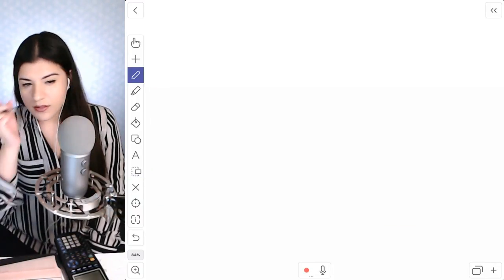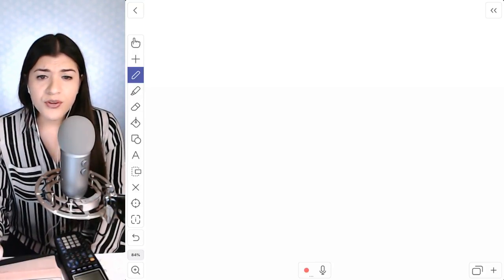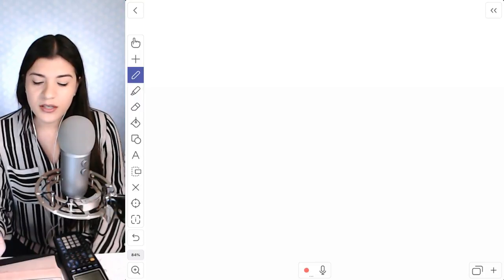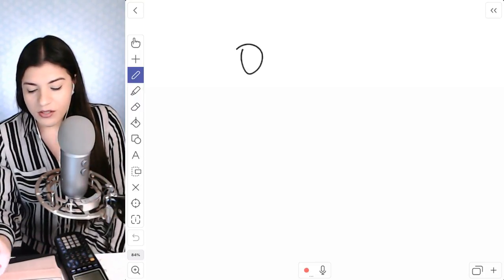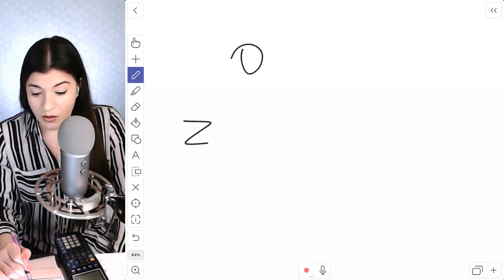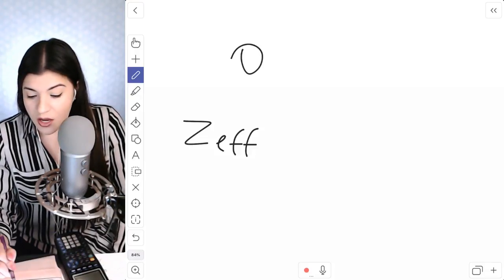So, effective nuclear charge of something that's neutral versus something that's O2 minus. I'll start off with the neutral one. So if this is oxygen, what we have to find is called Z effective, or effective nuclear charge.